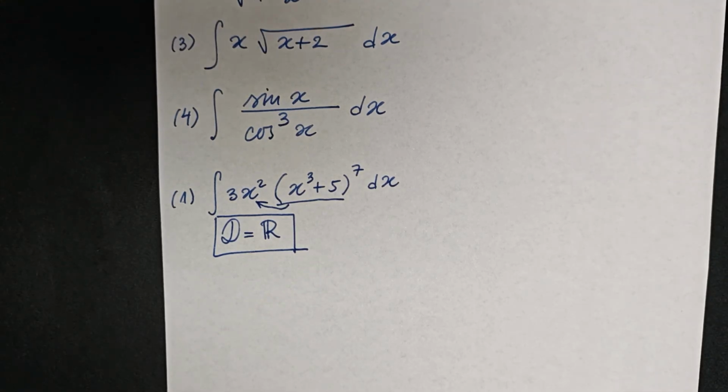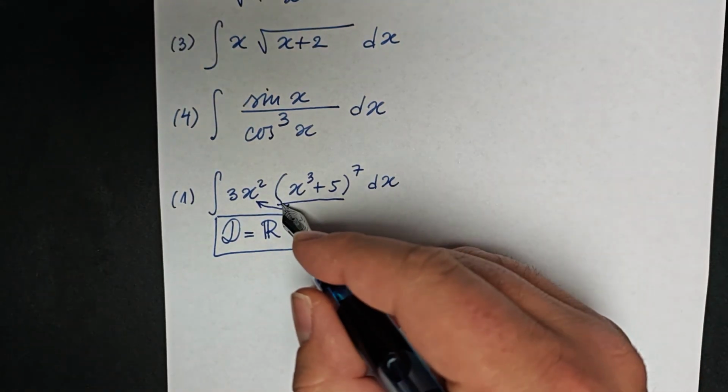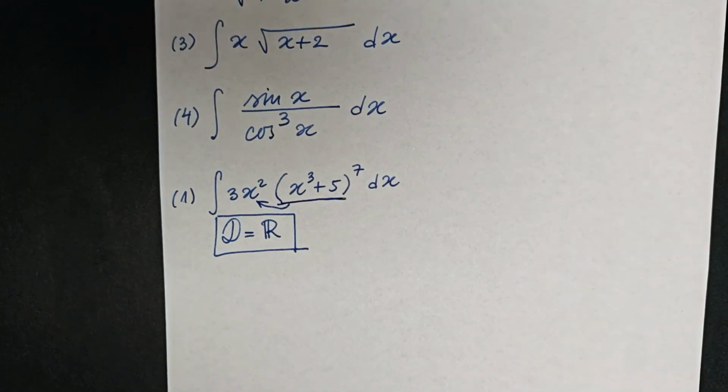That can also be an expression which in some way is involved in a composition with some other functions. In this case, the expression x cubed plus 5 is entangled with a power function as it is being raised to the power of 7. In general, that can also be a square root or a denominator of a fraction.